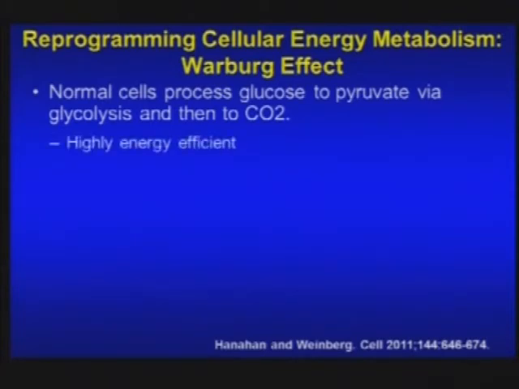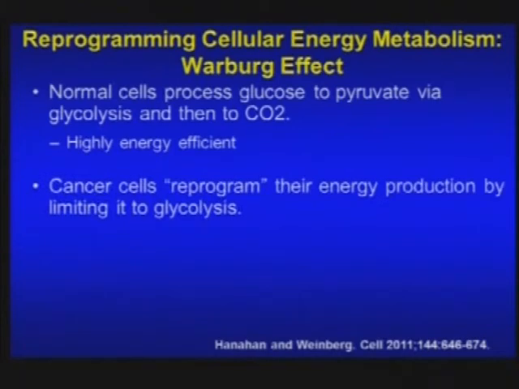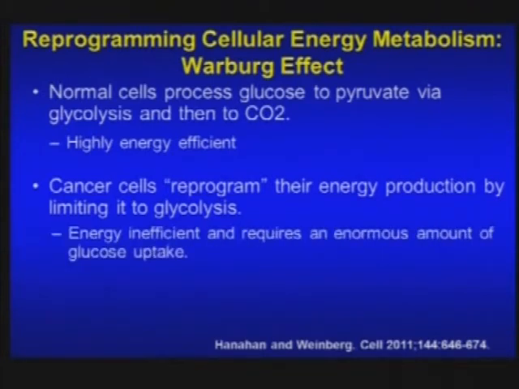This is a highly energy efficient process. In contrast, Warburg noted that cancer cells seem to reprogram their energy metabolism by limiting it largely to glycolysis. Glycolysis is less energy efficient, and it requires an enormous amount of glucose uptake by the cell.